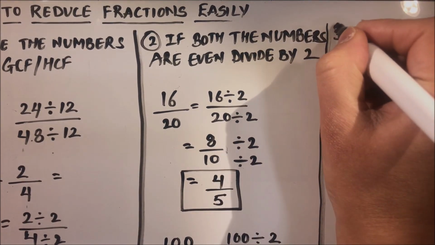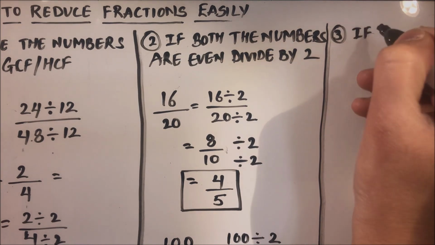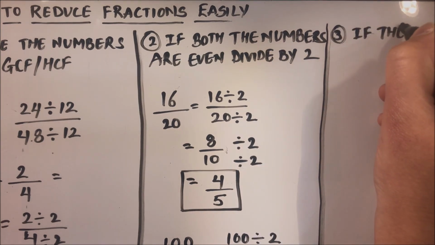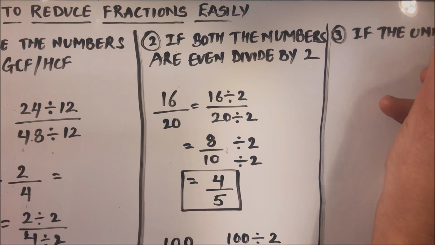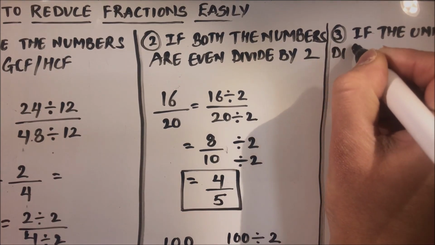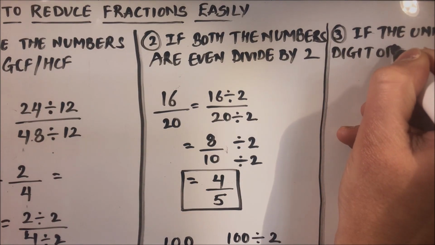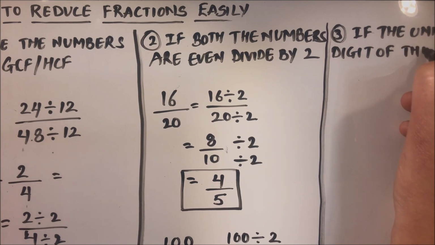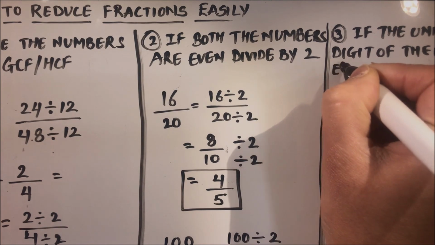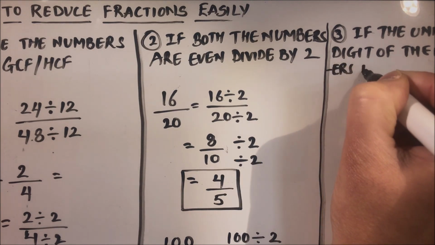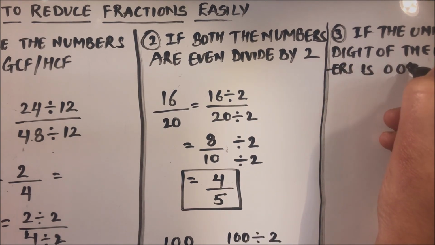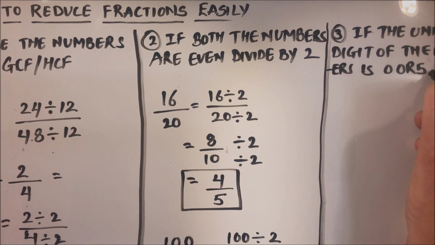So the third one is, if the units digit of the numbers is 0 or 5, divide by 5.